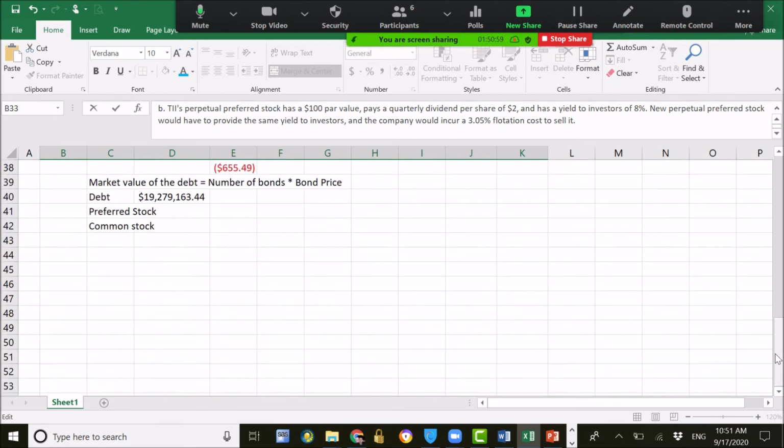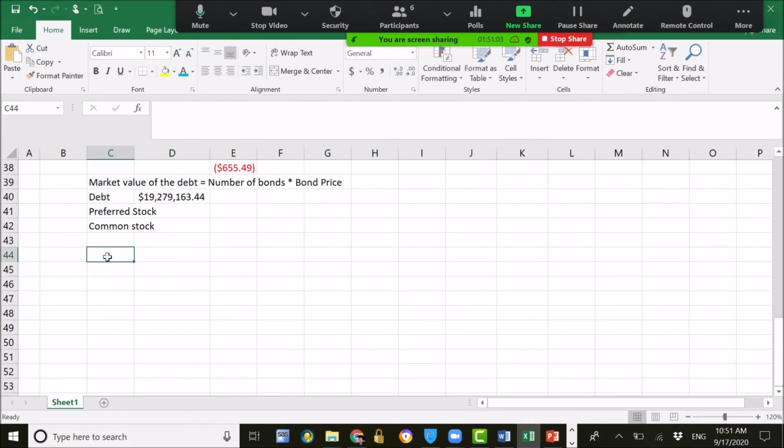so we are finding the cost of the preferred stock. Given the information, P_PS, the price of the preferred stock, equals the dividend on the preferred stock divided by the rate.